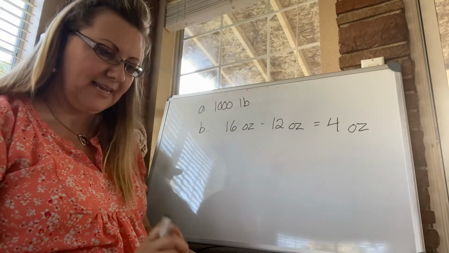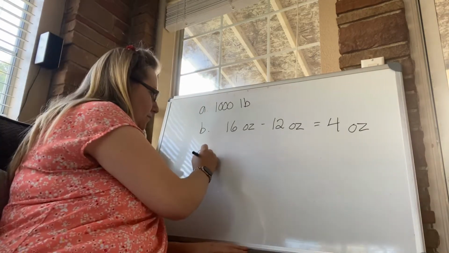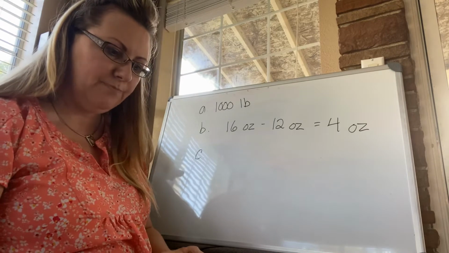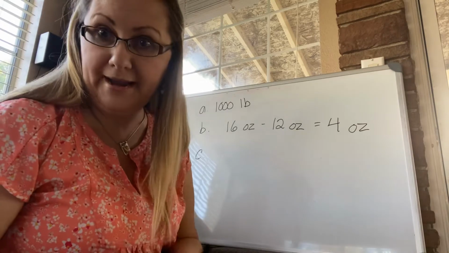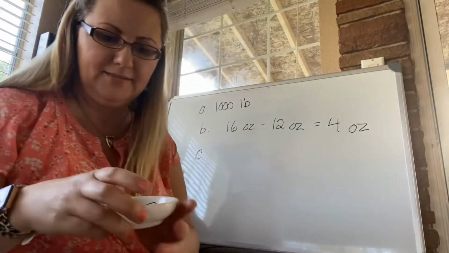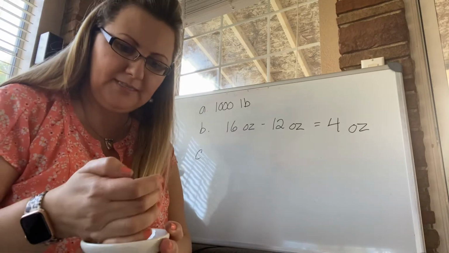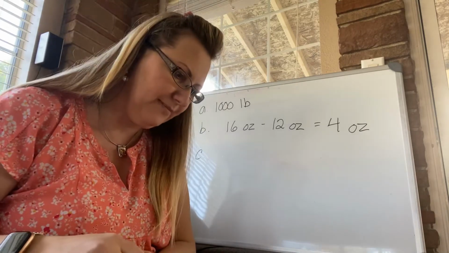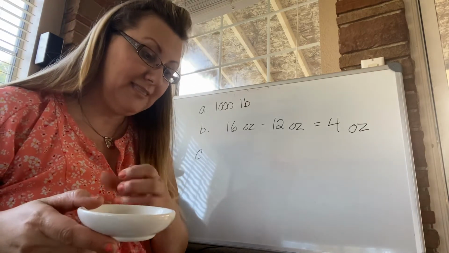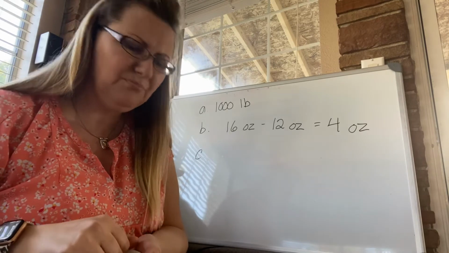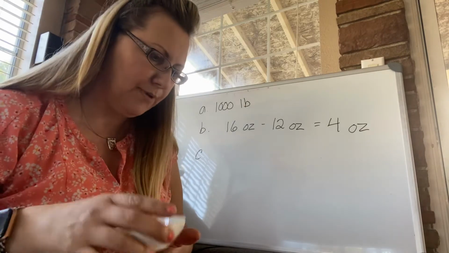All right, now it says to estimate, for letter C. A tennis ball. Would you say it is closer to 57 grams, or the mass of 28 paper clips? A tennis ball would be closer to probably 57 grams, wouldn't you say, for a yellow tennis ball?